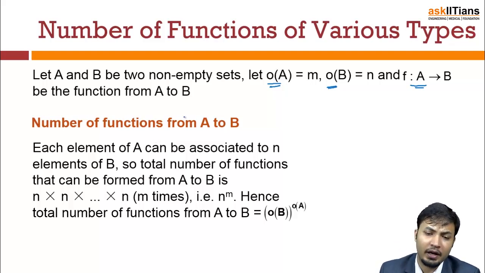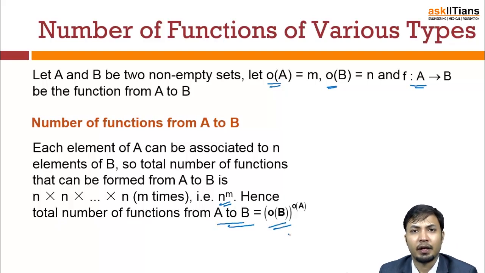So I get n to the power m. Therefore the total number of functions from A to B is n(B) to the power n(A).